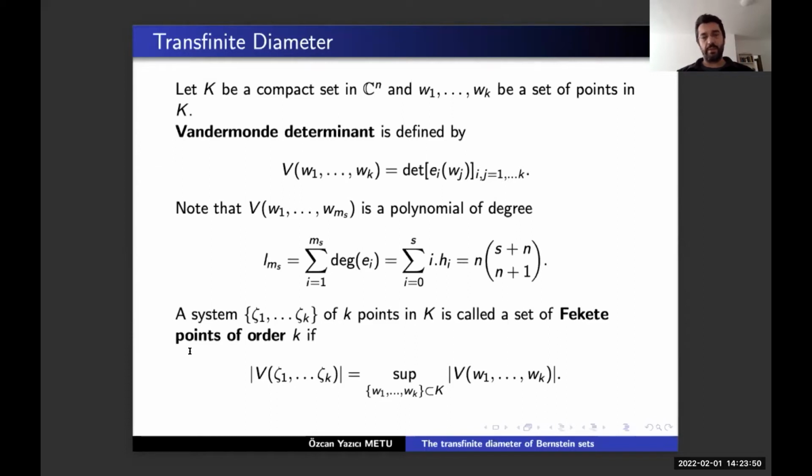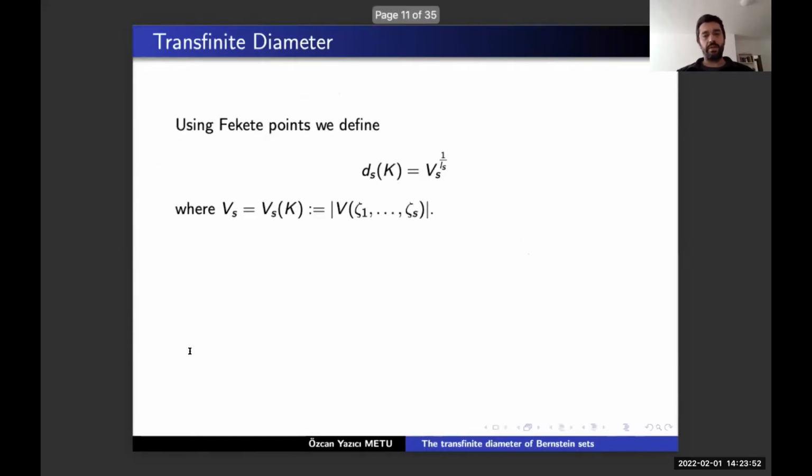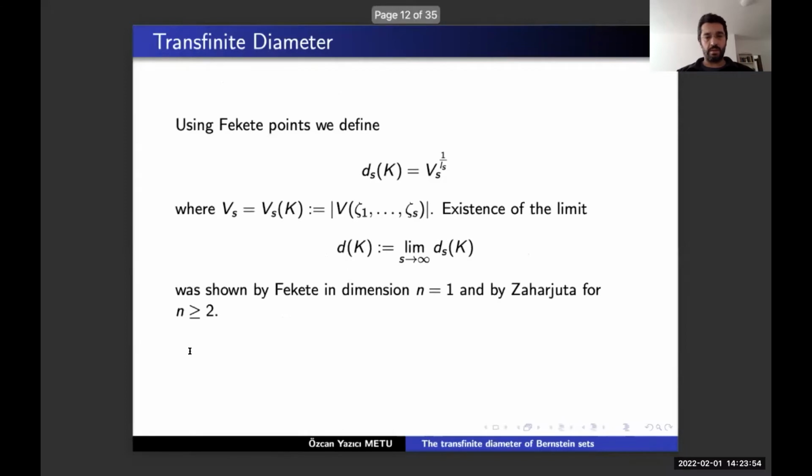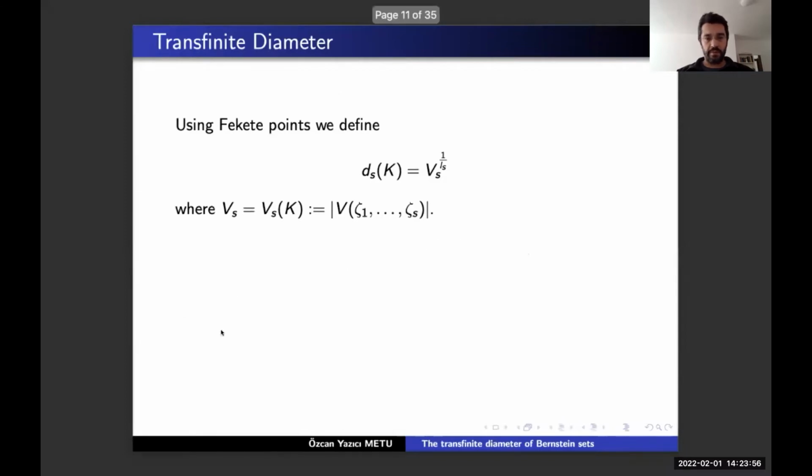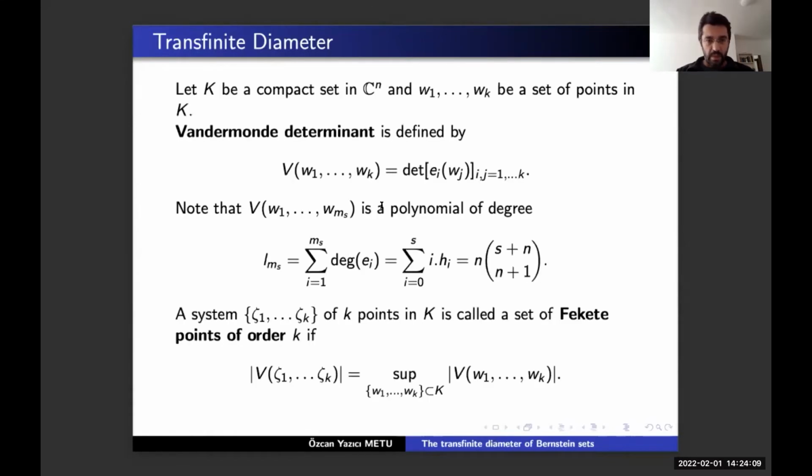Using Fekete points, we first define ds. ds is basically this determinant to the power 1 over ls, and remember, ls was the degree of the polynomial.